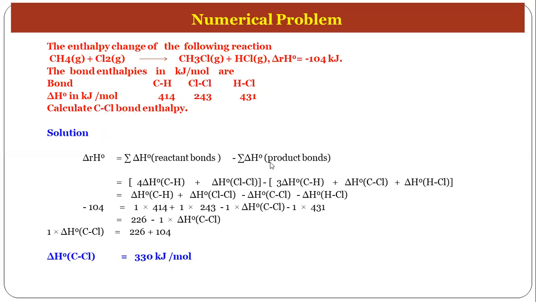So for this, we already have this formula: delta H naught of the reactant bonds. Now see, in the reactant bonds we have to take 4 CH bonds. Here 4 CH bonds are there. So 4 into standard enthalpy of CH bond plus ClCl bond, minus 3 into CH, because 3 CH bonds are there and 1 CCl bond is there.